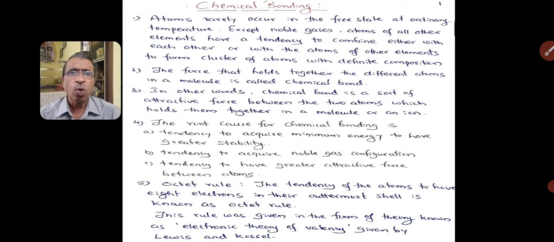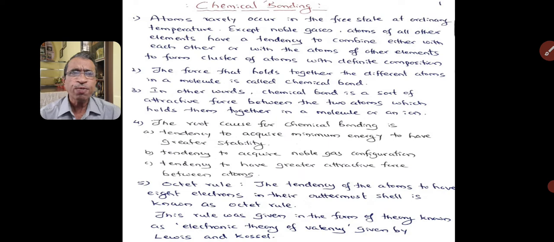The force that holds together the different atoms in a molecule is called chemical bond. In other words, chemical bond is a sort of attractive force between the two atoms which holds them together in a molecule or an ion.